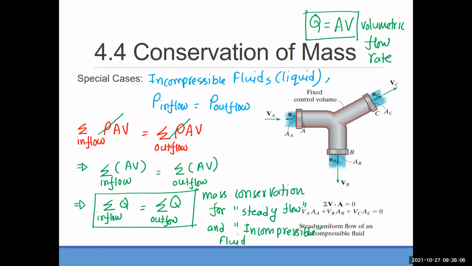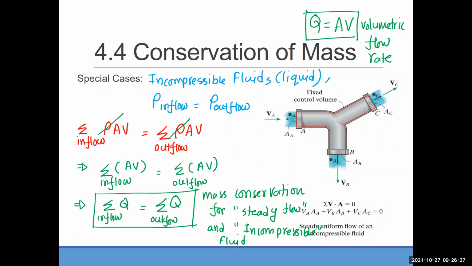Okay. Now, do you think we can use this equation for any type of fluid or only for a certain type of fluid? This equation? Just for the incompressible one, because this one will not work for the compressible one, because for compressible, rho is not the same for the inflow and outflow. They can be the same, but we don't know. We need to check that every time.